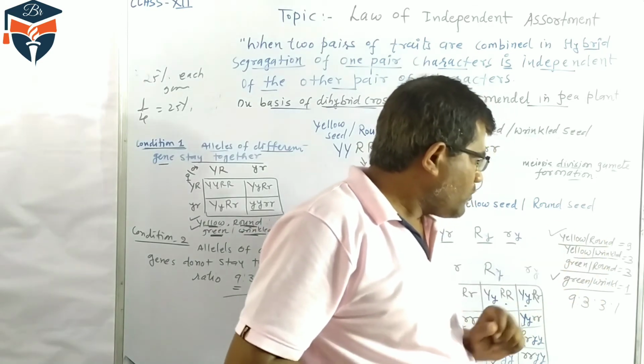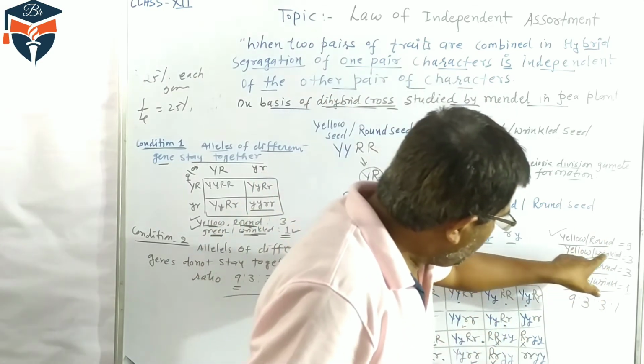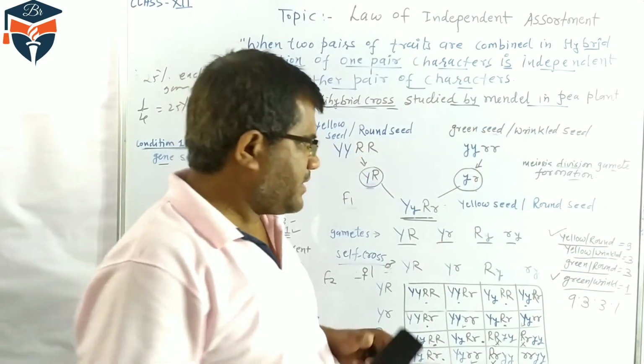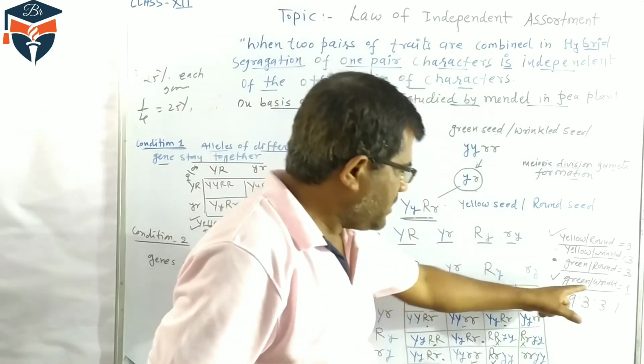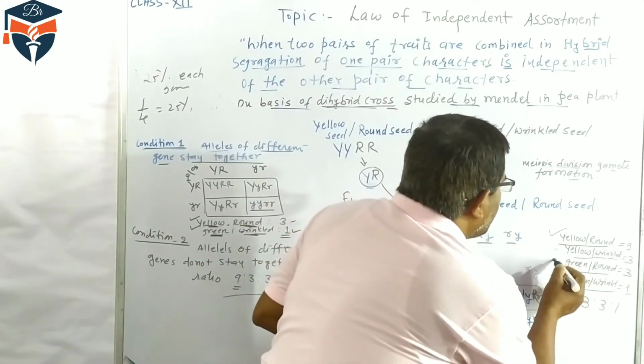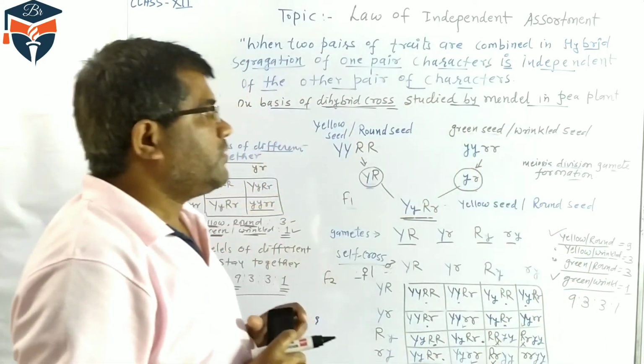Yellow and round was present earlier, but yellow and wrinkle is a new character. Similarly, green and wrinkle was there earlier, but green and round is another new character.